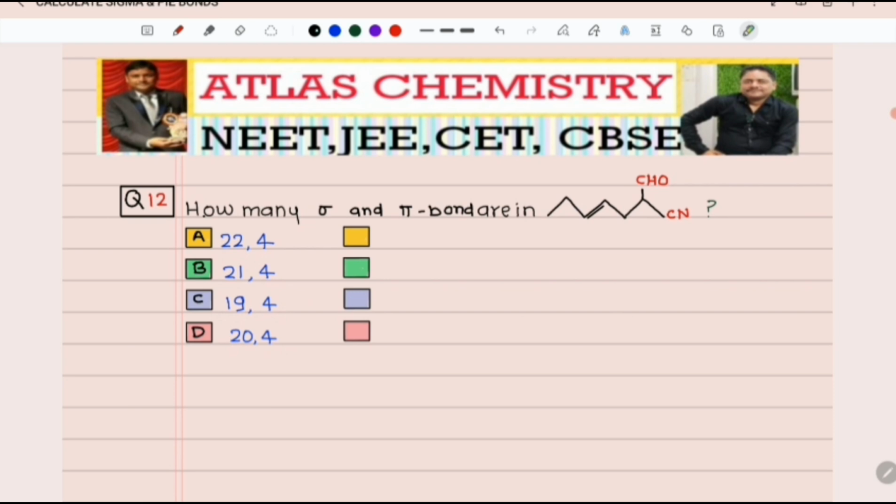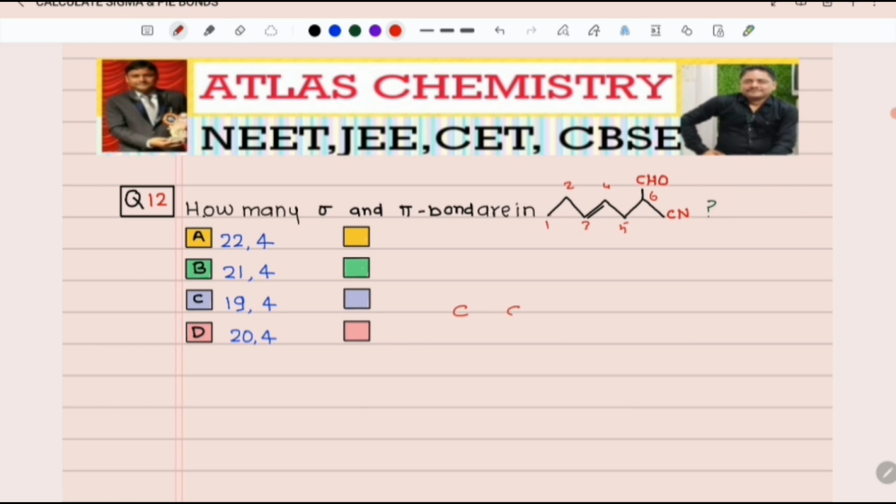First of all we have to write the structure of the compound. So if we find the structure, the compound is this. Here if we mark 1 carbon, 2 carbon, 3 carbon, 4 carbon, 5 carbon, and 6 carbon, and then a cyanide group is attached.